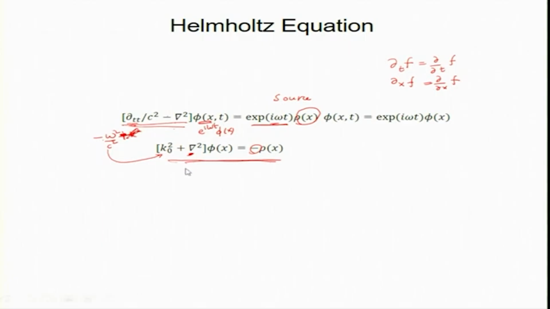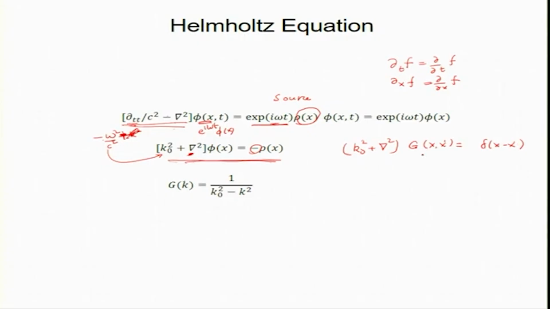So, now what is the Green's function for this? Rho of x I am going to assume a delta function. Then I get the Green's function, and I did not write it, but you can easily see what it should be in Fourier space. So, let me just write down for completeness the Laplacian g of x prime equals delta x minus x prime.